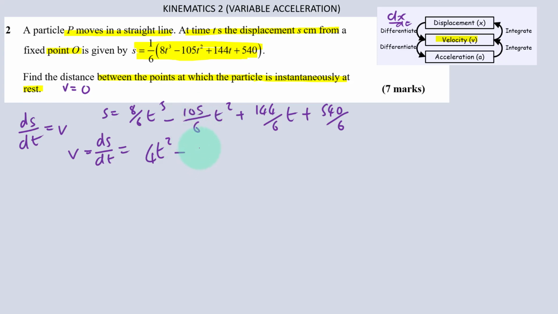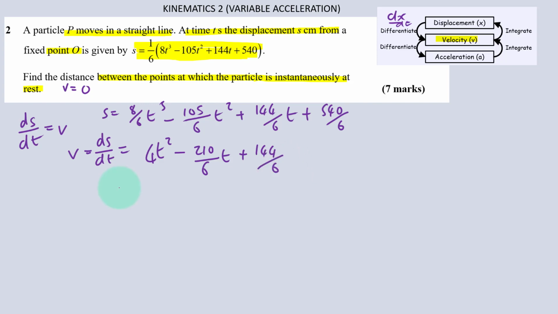So that's going to give us minus 210 over 6 t. Next, that's just going to be plus 144 over 6. And that's okay. We're not integrating, so there's no constant to be involved with.